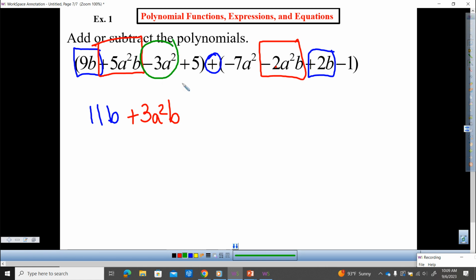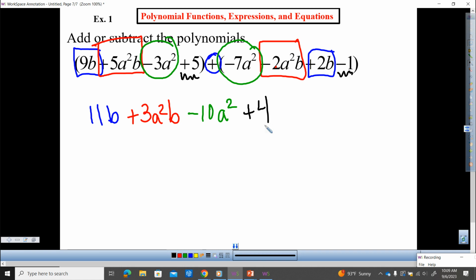Is there another a squared? Yes, right there. So what is negative 3 and negative 7? Negative 10a squared. And last but not least, do we have any constants? Yeah, what is 5 minus 1? 4. All right. Am I done?